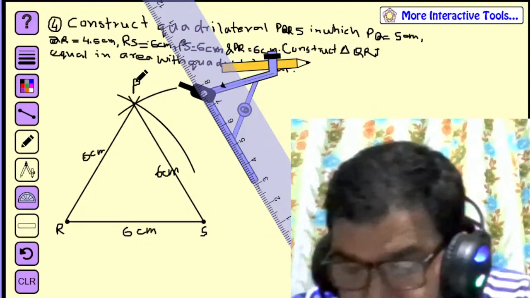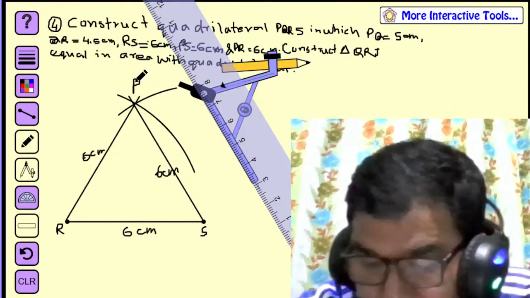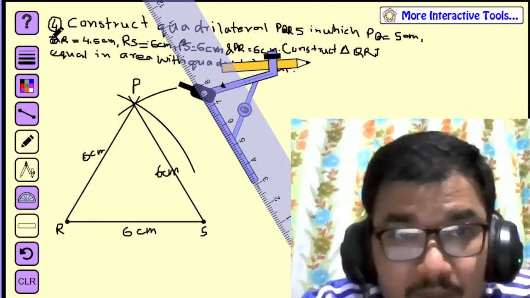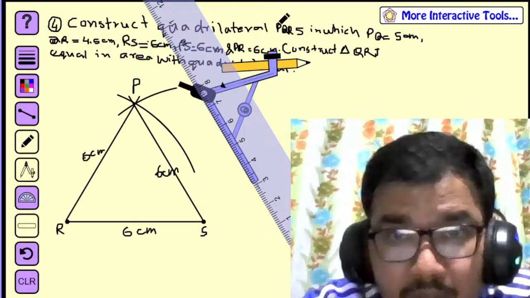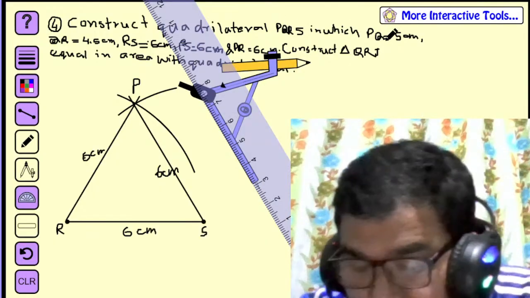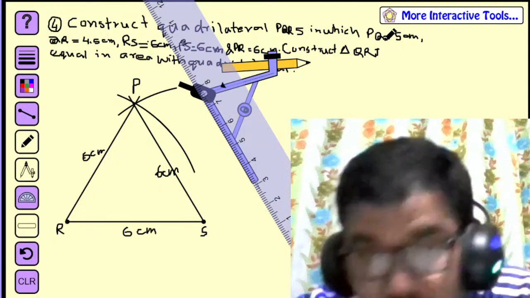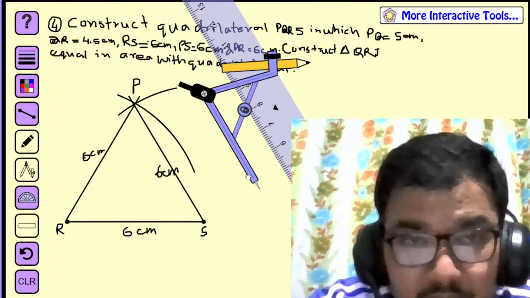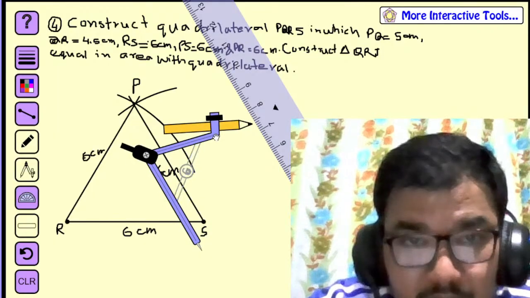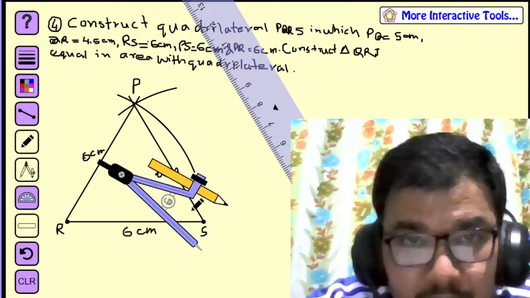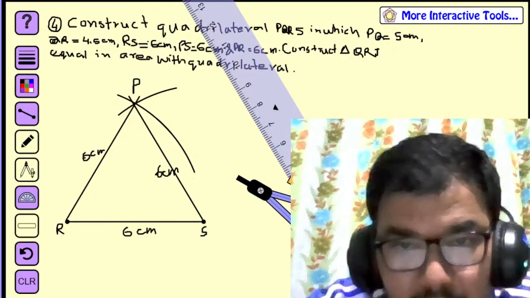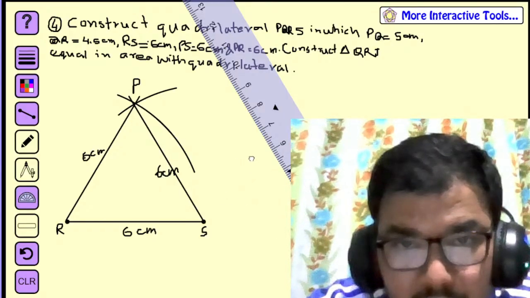And then now another one, Q to P. What is the given? PQ is given there 5 centimeter. From here to here 5 centimeter. Okay, now see here, 5 centimeter is from here to, look, 5 centimeter is here.